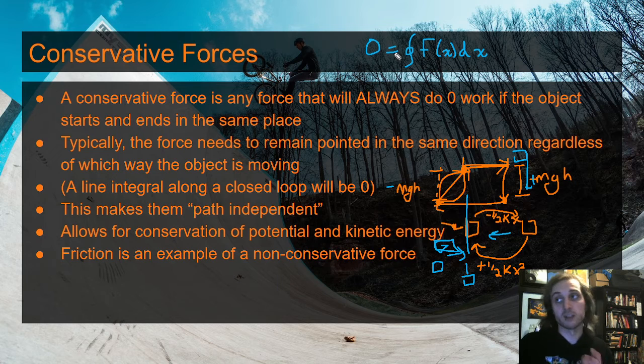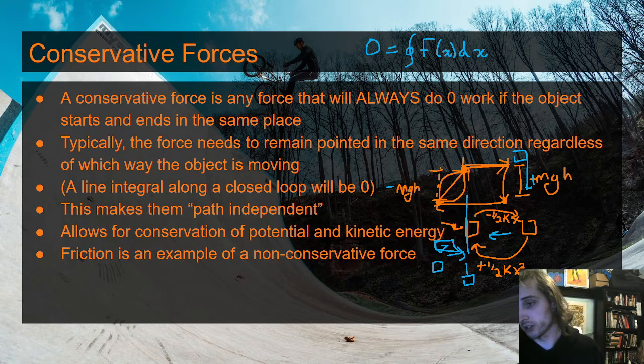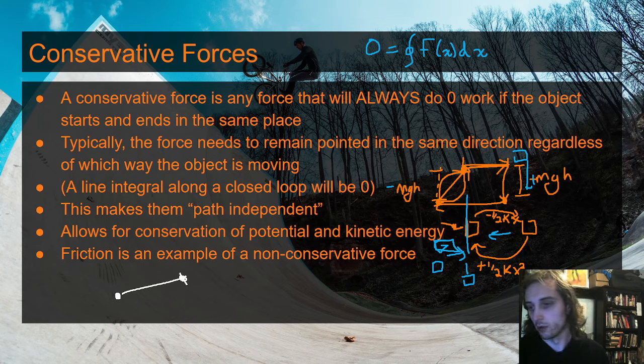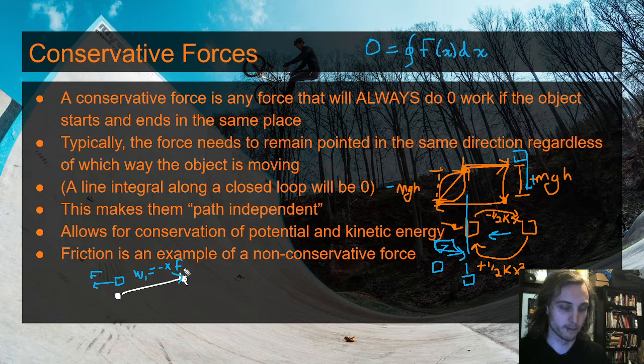This is significant and special and separate from stuff like friction, because if we look at how friction functions, if I have an object and I start here with friction and I drag the object to here, the object's displacement vector will look like that, but the force on the object from friction will be backwards. So we'll have a work for this section 1 of negative x times our force of friction.